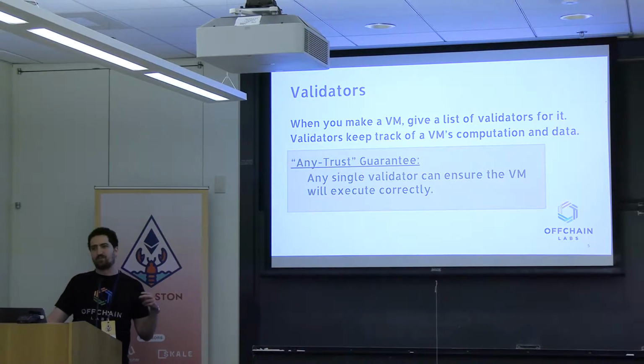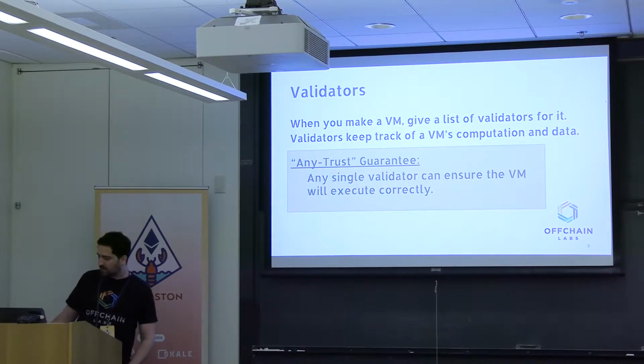In normal systems, you require 2/3 of people to be honest, or at best half of people to be honest, in the case of Ethereum. Or for Bitcoin, if more than 50% of the hash power is malicious, your system's totally broken. Whereas with Arbitrum, you only need a single one of these validators to operate correctly, along with the Ethereum blockchain itself operating correctly, of course, but providing a lot of scaling on top of that.